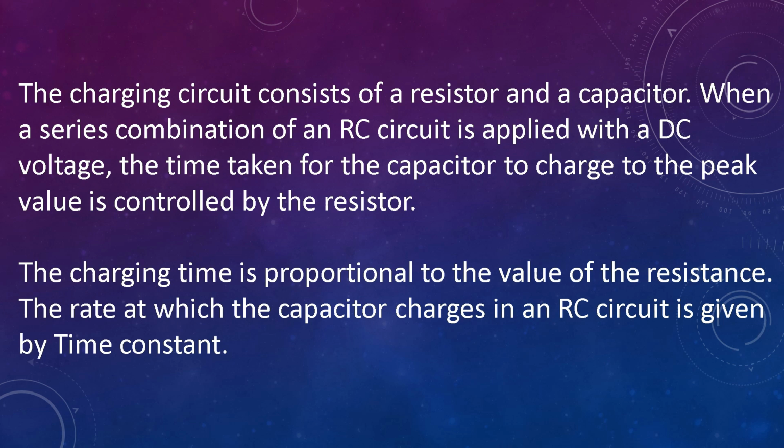When a series combination of an RC circuit is applied with a DC voltage, the time taken for the capacitor to charge to the peak value is controlled by the resistor. The charging time is proportional to the value of the resistance. The rate at which the capacitor charges in an RC circuit is given by the time constant.